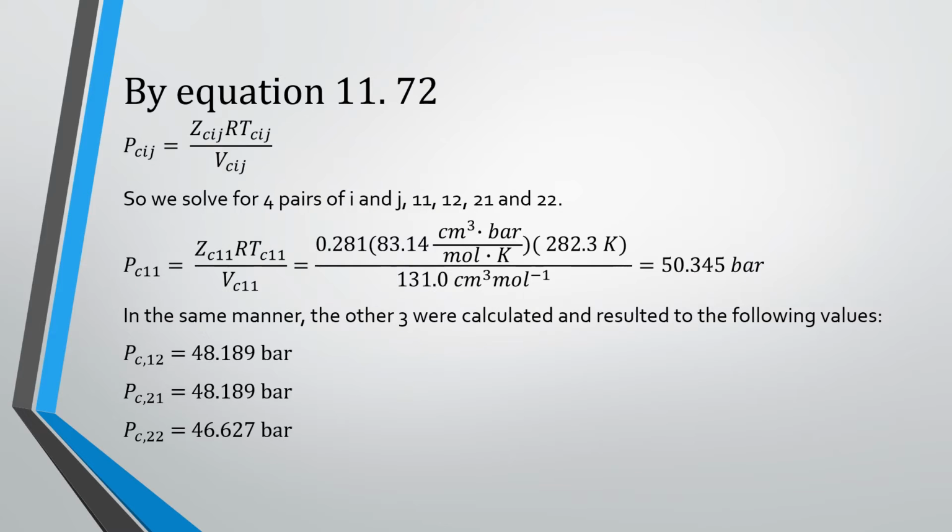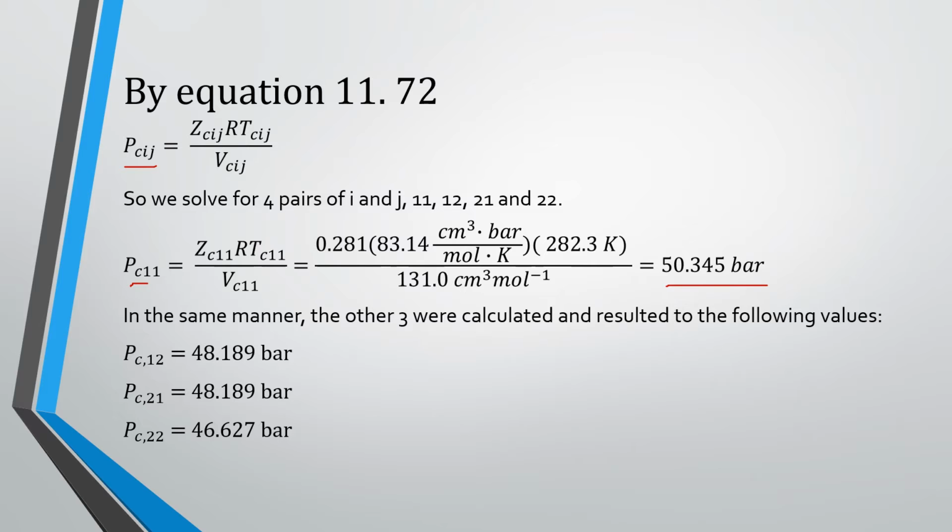And since we already calculated the required parameters in order to calculate the critical pressure of each ij pair, we can then solve for the critical pressure for each ij pair. So here is shown the calculation when i equals 1 and j equals 1, and it resulted to 50.345 bar.